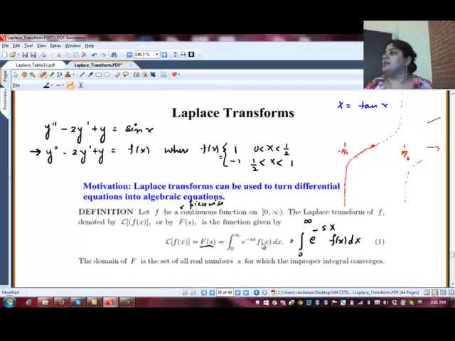Integration increases the regularity; differentiation decreases the regularity. Since this is a function of s, it will be an algebraic expression involving s squared and those kinds of terms, or maybe e to the power 2s or 3s.